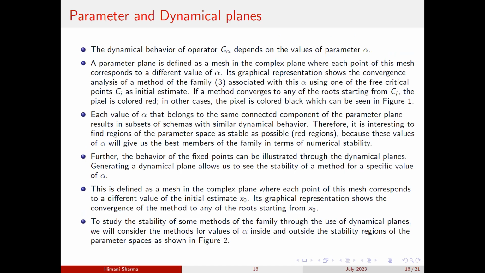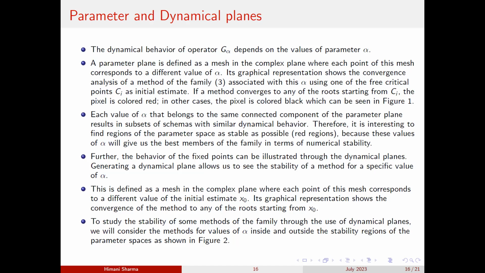Next, the dynamical behavior of the operator depends on the values of parameter alpha as we are studying. So we will draw a parameter plane, which is defined as a mesh in the complex plane, where each point of this mesh corresponds to a different value of alpha. Its graphical representation shows the convergence analysis of any method of the concerned family.